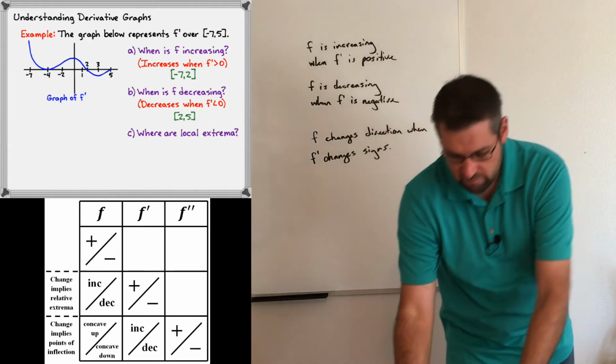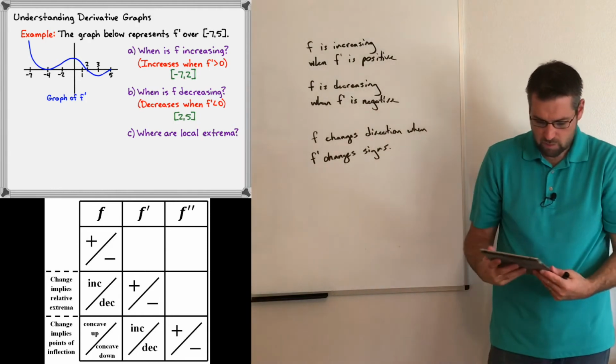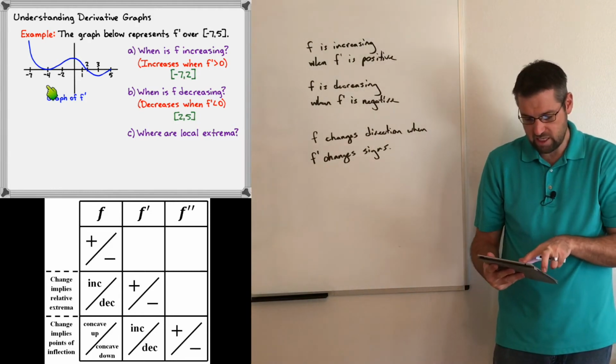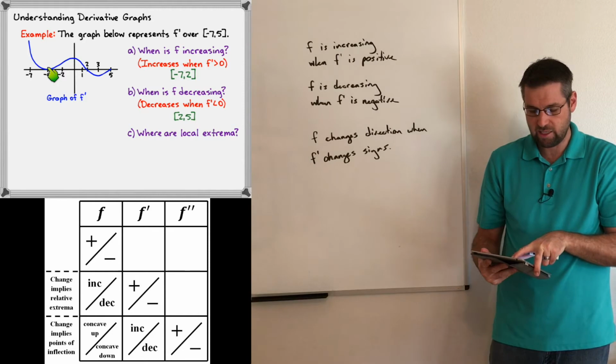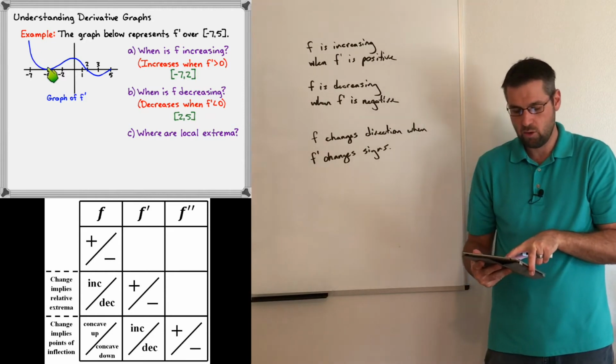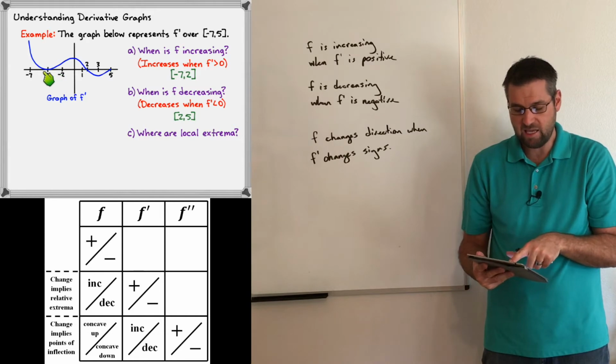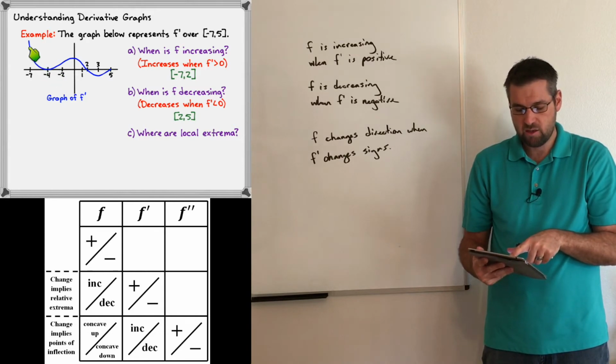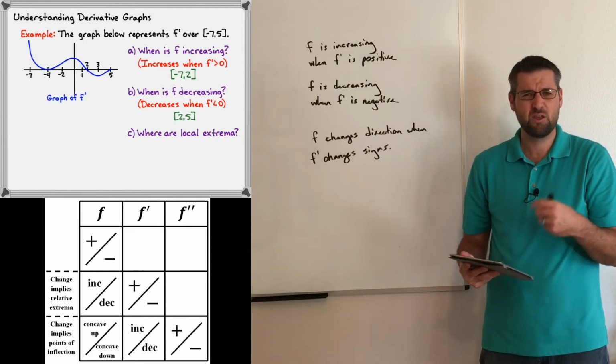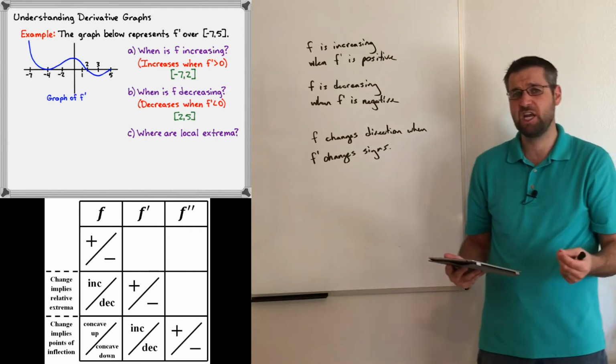So in this graph, let me highlight it here. In this graph, we can see that at x equals -4, we don't have anything going on there because again, this is f prime. At -4, the derivative, f prime, is going from positive to 0 back to positive again. So the derivative never actually changed signs there.